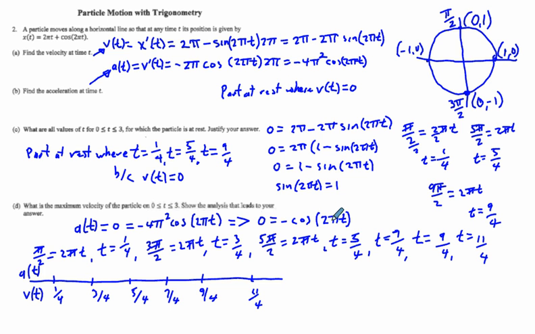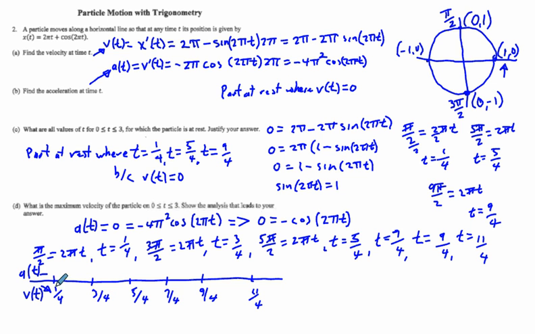If we put in 0, because 0 is a number to the left of 1/4, 2 pi times 0 is just cosine of 0. And what's cosine of 0? Well, cosine of 0 is 1, but negative cosine of 0 is -1. So V of t is going down between 0 and 1/4.